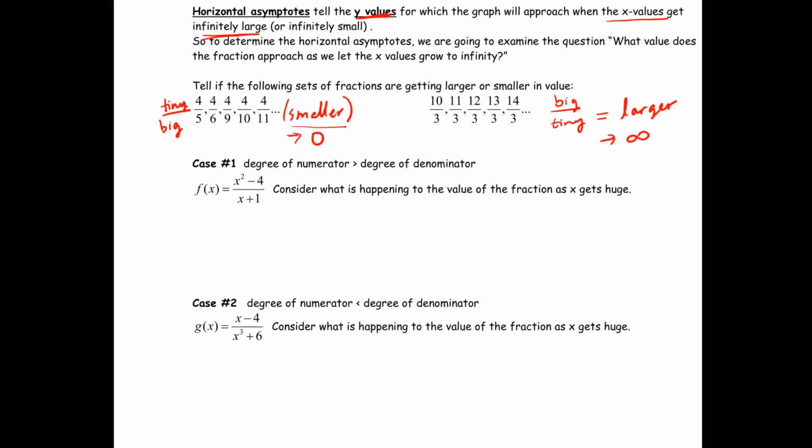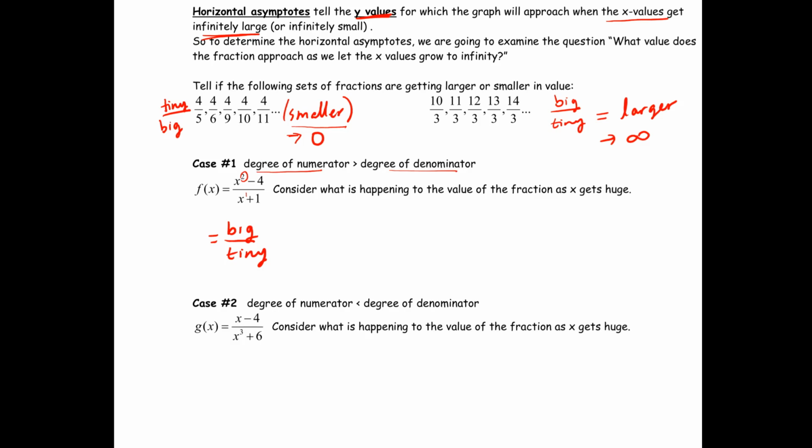So let's take a look at the 3 cases that could arise. Case number 1, if the degree of the numerator is bigger than the degree of the denominator. So consider what is happening to the value of the fraction as x gets huge. What's happening as I have x squared over just an x to the first? I have a larger number over a tiny number. And as x gets bigger and bigger and bigger, the numerator is going to become infinitely large, and the denominator is not going to be as large as the numerator.